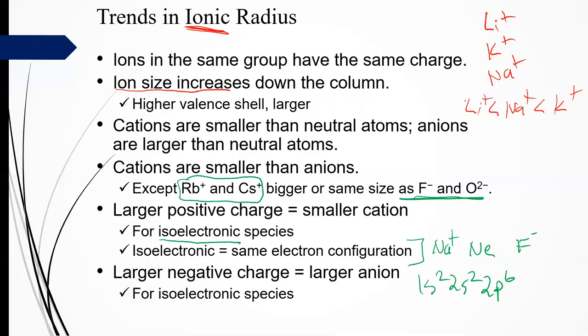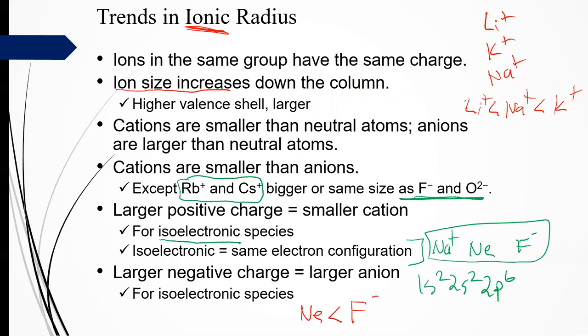That means that if we wanted to compare these three, we should be able to. So neon could be our starting point. It's right there in the middle. And then we want to compare them next to each other. Fluorine has to be bigger than neon because it's an anion of it.